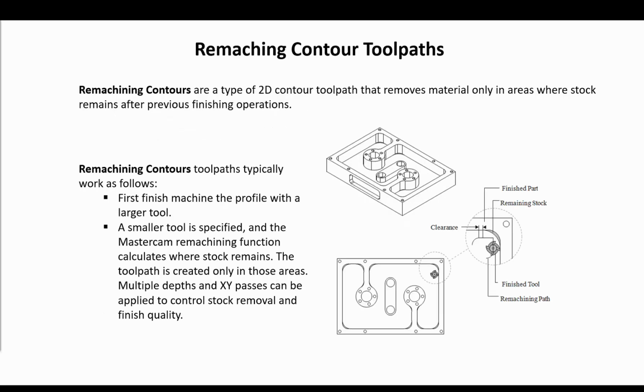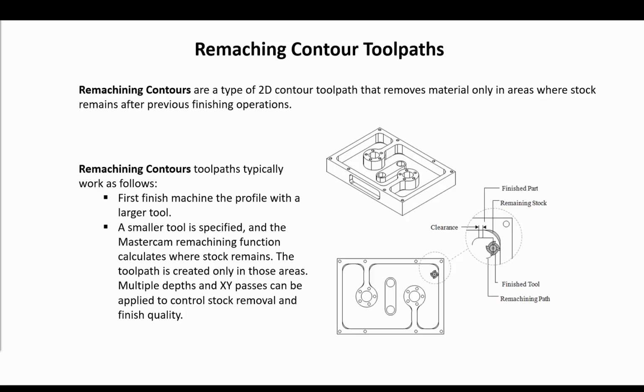Remachining contours are a type of 2D contour toolpath that removes material only in areas where stock remains after a previous finish operation. Remachining contour toolpaths typically work as follows. First, finish machine the profile with a larger tool. A smaller tool is specified, and Mastercam's remachining function calculates where stock remains.